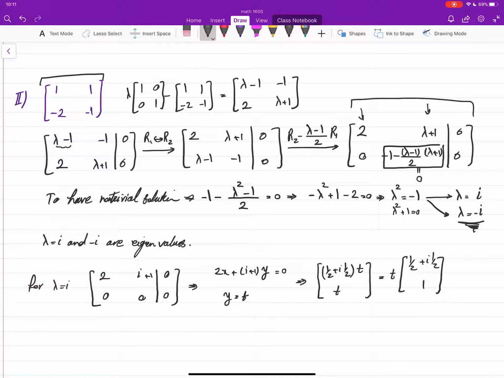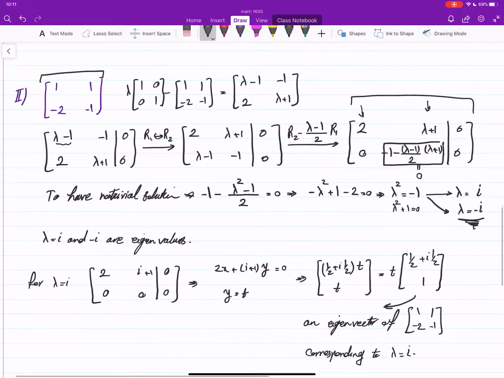This is an eigenvector of A corresponding to the eigenvalue i.